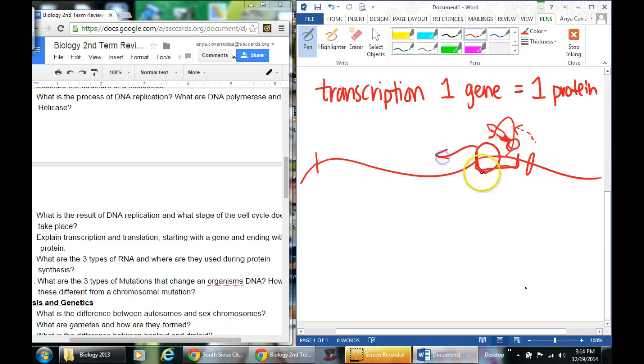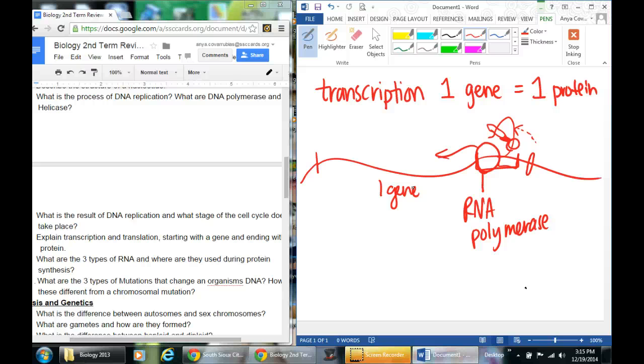It's going to allow RNA polymerase, which is a lot like DNA polymerase, to start copying this one gene. Okay, and so this one gene might be for eye color. It might be for hair color. It might be, the many different genes that we have in our body. It's going to copy this one piece of DNA. Okay, so what does RNA polymerase do?